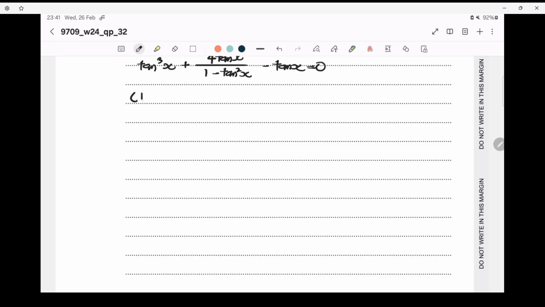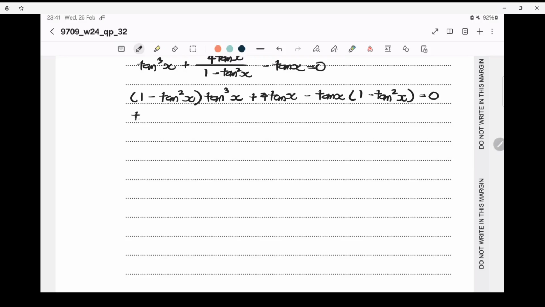You would get (1 minus tan^2 x) times tan^3 x plus 4 tan x minus tan x multiplied with (1 minus tan^2 x) equals 0. So the next step that you need to do is to multiply everything inside.